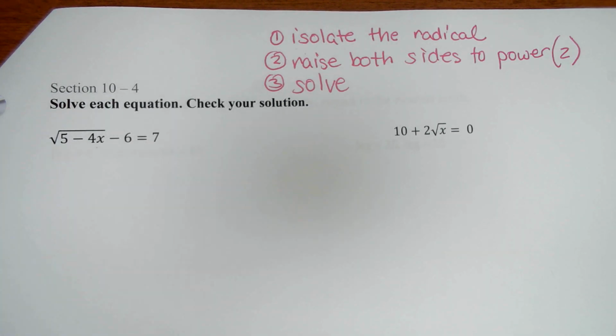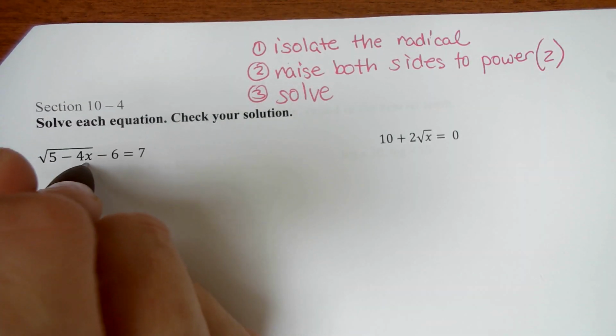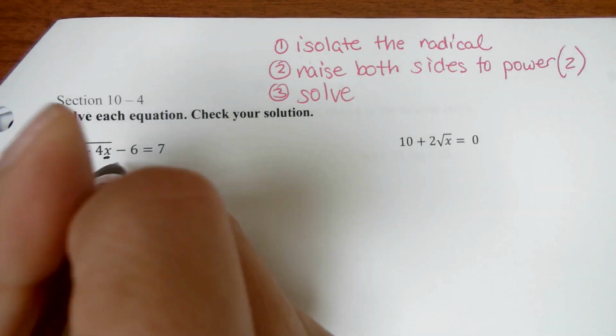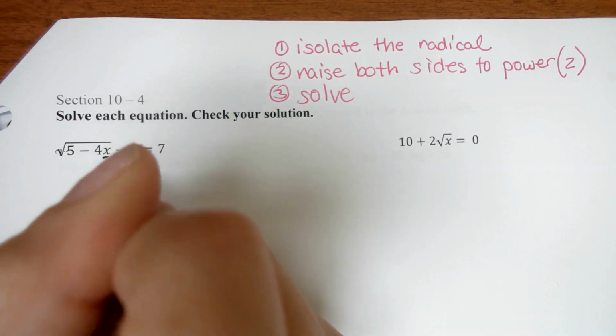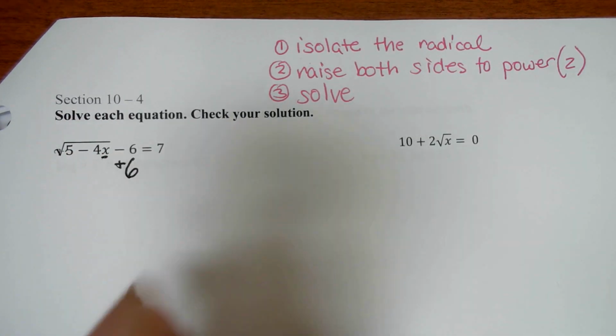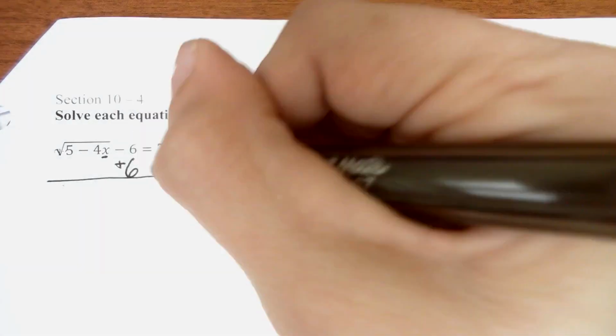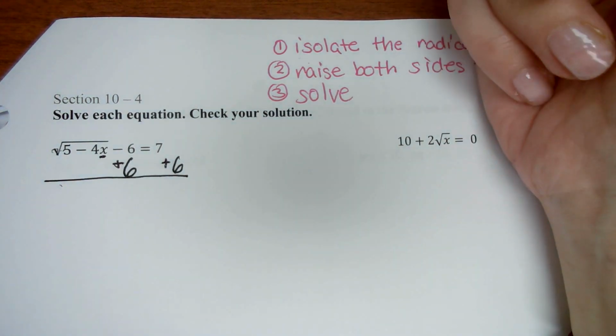I think of it like a jailbreak, and I'm trying to break the x out of this little cell. To do that, I need to first move the guards, such as -6, away. So I'm going to use inverse operations to move all of my terms away from the radical.